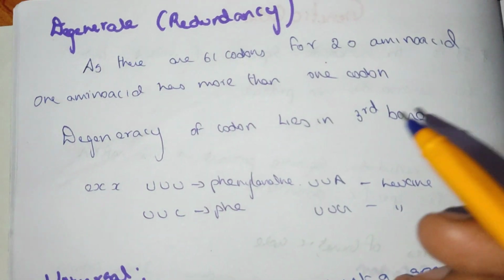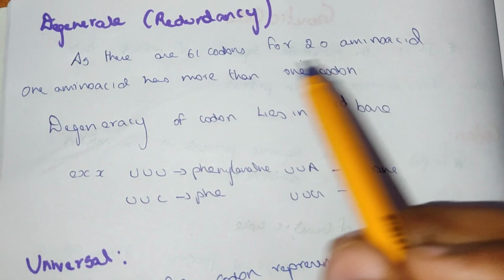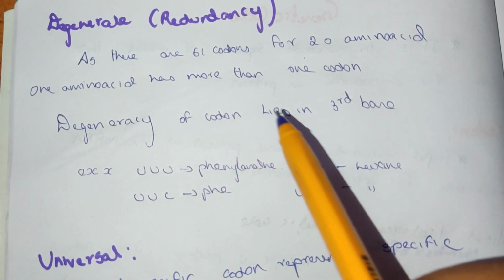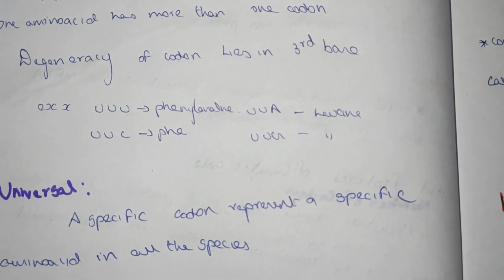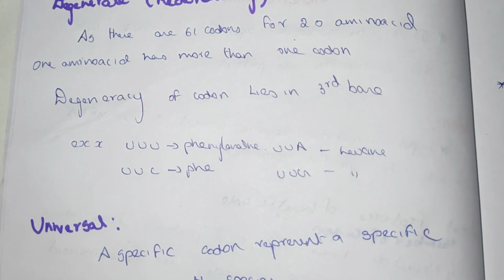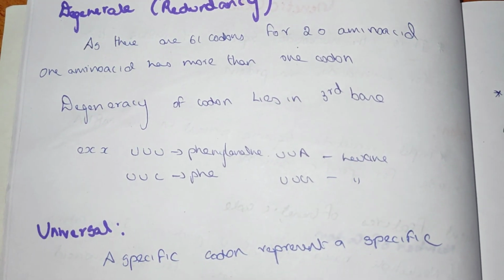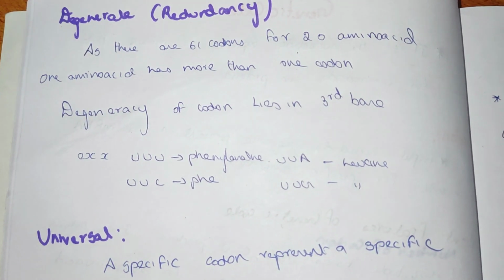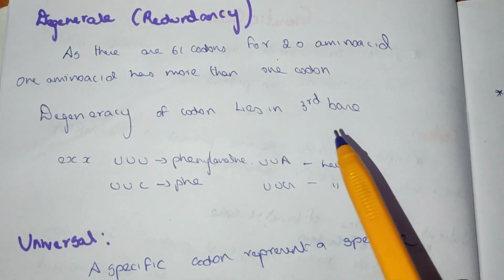Now degeneracy or redundancy. As 61 codons code for 20 amino acids, one amino acid has more than one codon. The degeneracy of the codon lies in the third base.